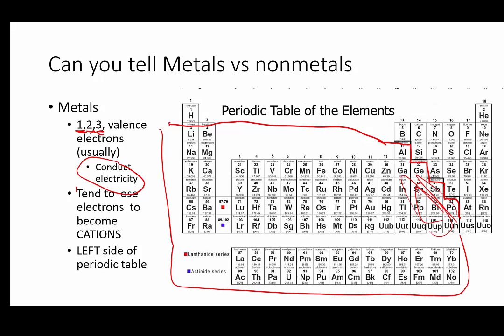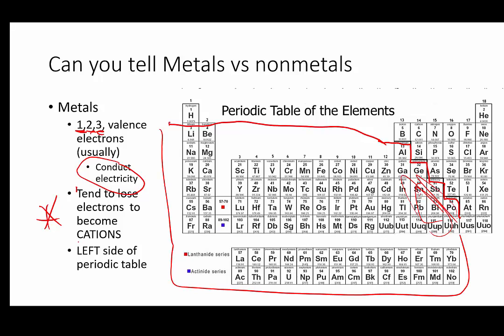Metals tend to lose electrons because they have a low affinity, a low attraction for those electrons. And so when two atoms get together, if one is a metal and one is a nonmetal, the nonmetal tends to have a greater attraction for the electrons, and the metal tends to lose that electron or those electrons. So that's an important identifying characteristic of metals.